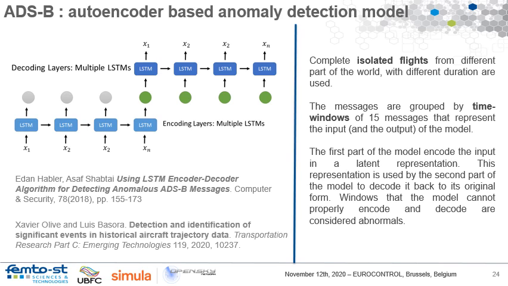So the architecture that Habler shows has been used in a similar way by Olive and Bazora to detect events in historical datasets. The Habler model has been easily reproduced by our team, and the results of Habler in previous work can be easily reproduced by anyone with our architecture.